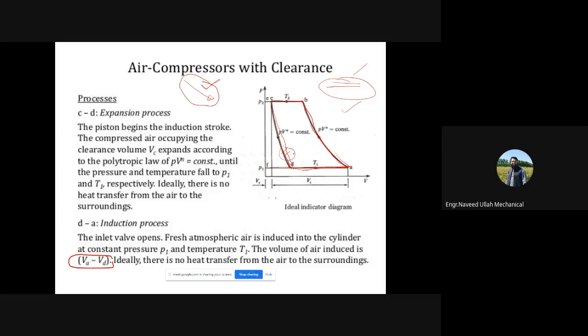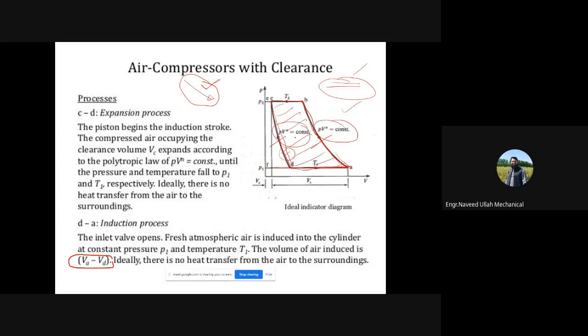Okay, now this compression and expansion, they are polytropic in the first place. ठीक है? तो यहाँ पे what you need to do is, if you want to find out the work consumed by the compressor, तो work consumed ये होगा, अच्छा, area under this curve.